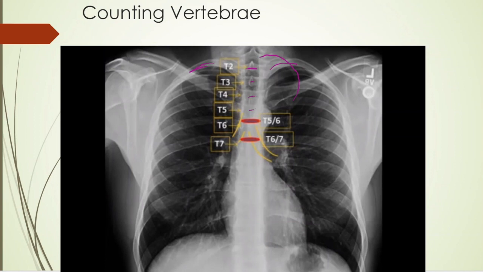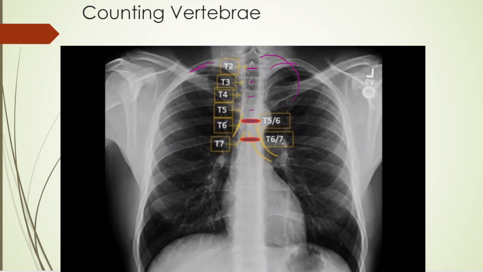T3, T4, T5, T6, T7. So the majority are between T6 and T7. You have a few outliers. I've seen references say T5 to T7, but I usually place it somewhere between T6 and T7. That's fine. And again, if your ET tube is about clavicle level, slightly below, then you should be fine.